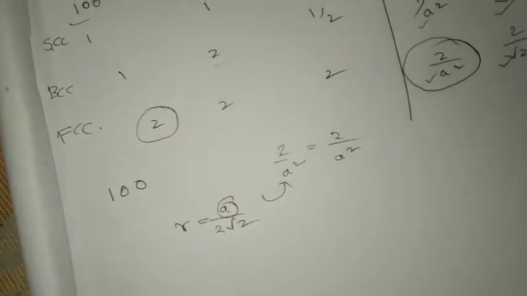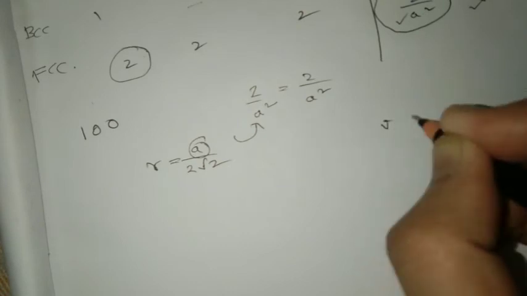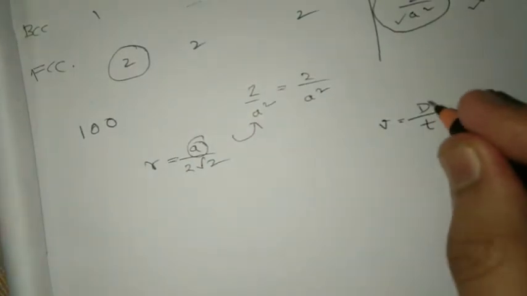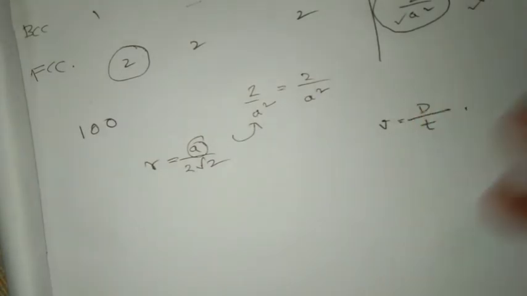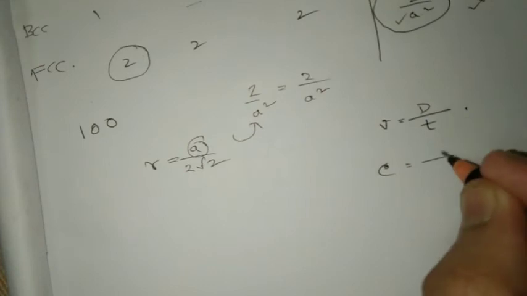This is very easy. If you know class 12 mechanics, you can find this, but the concept is a little bit different for this. I think you know that velocity equals displacement upon time. Here it is light, so the velocity is the velocity of light and the distance is the coherence length.